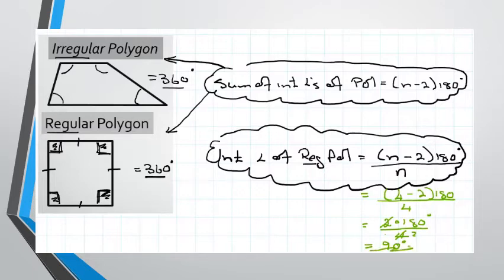As we have mentioned before, the interior angle of a regular quadrilateral, a 4-sided regular polygon, is going to be 90 degrees. Right guys, so this formula, this interior angle formula, represents regular polygons only. Let's write here only. Guys, please don't mix the formulas. We must know which formula belongs to what polygon.